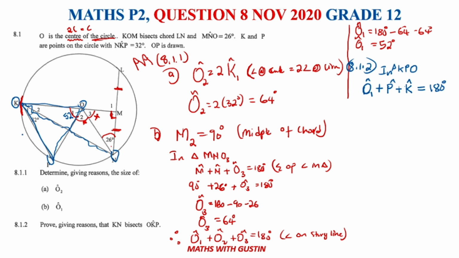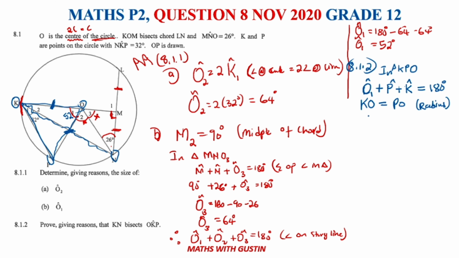However, you need to take note that KO is equal to PO. Reason: these are radii. If this side and this side are equal, their angles need to be equal as well.